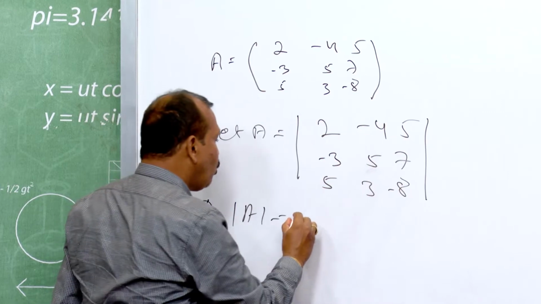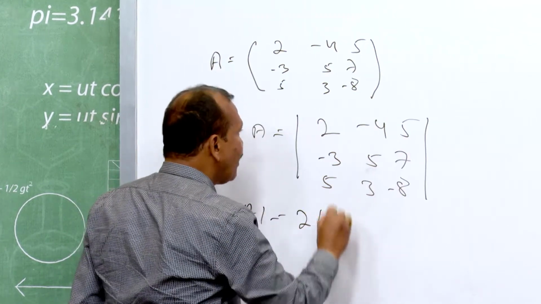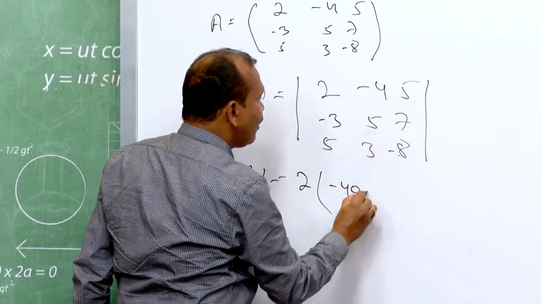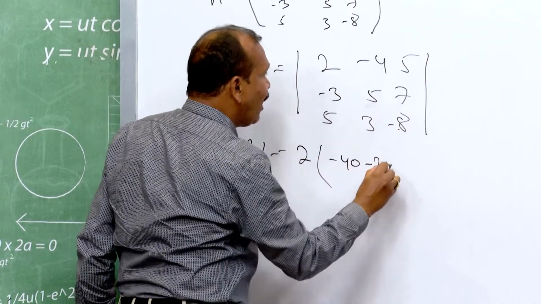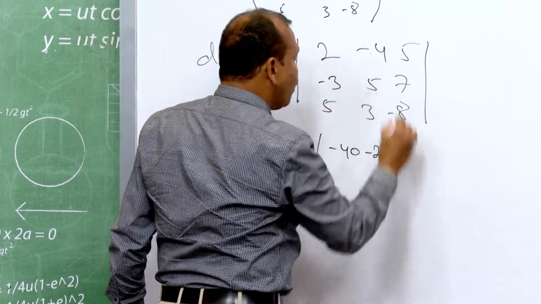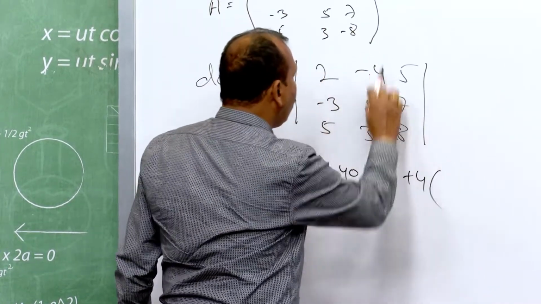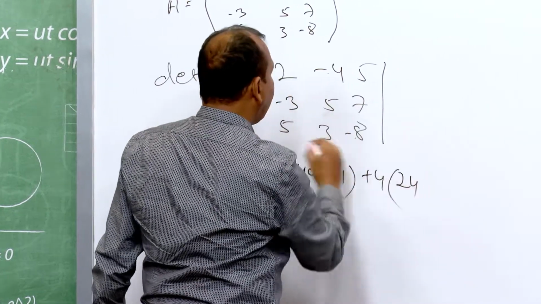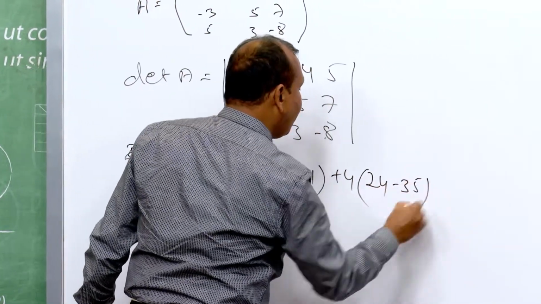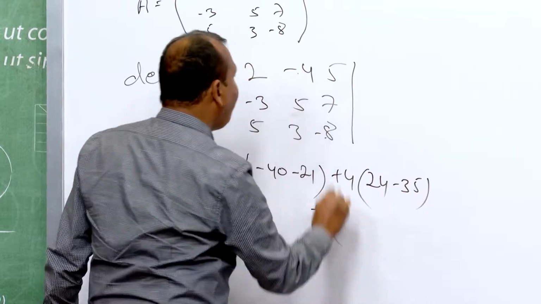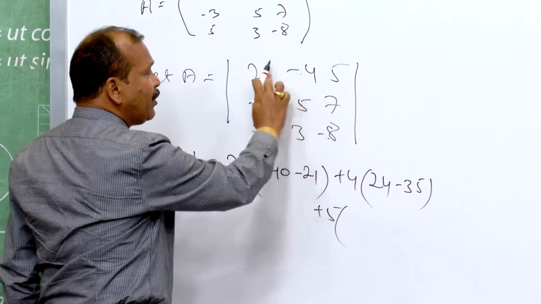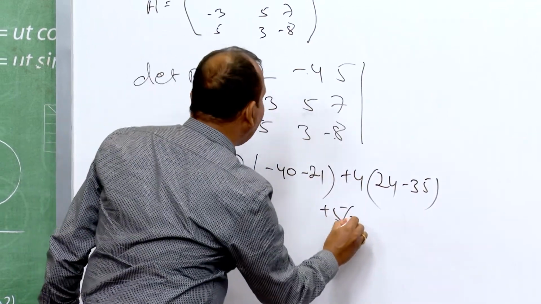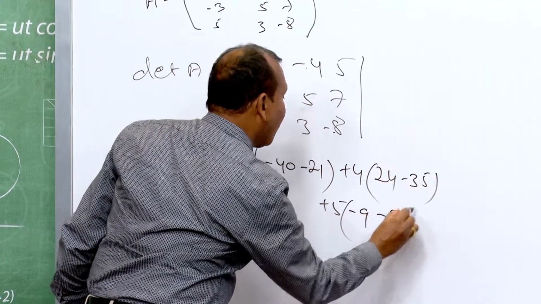So we have 2 into minus 40 minus 21, plus 4 into 24 minus 35, plus 5 into, deleting the element's row and column, minus 9 minus 25.